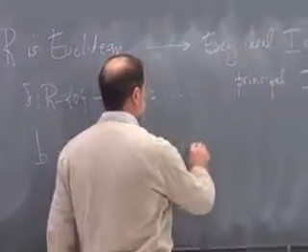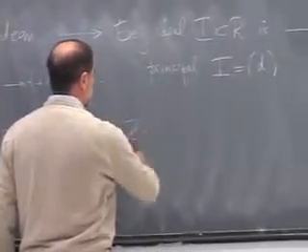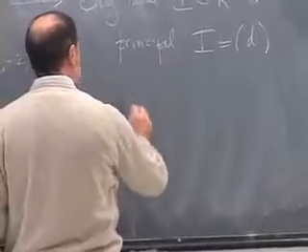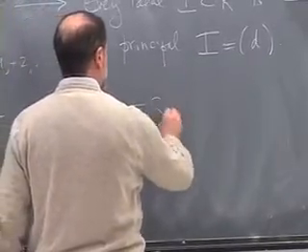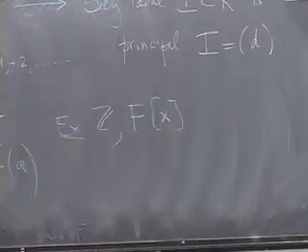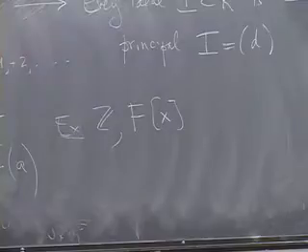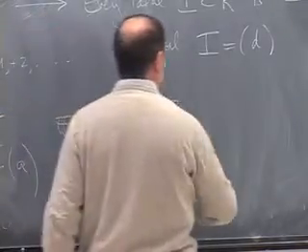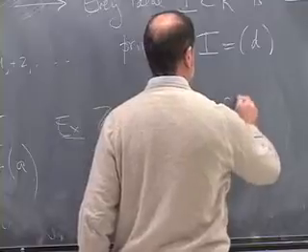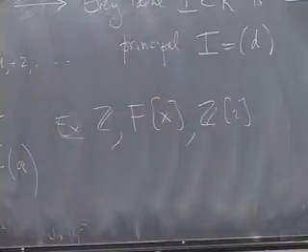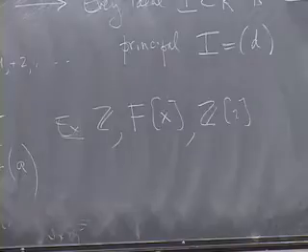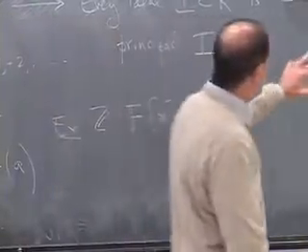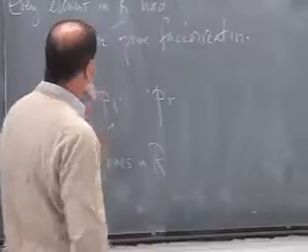So the examples of Euclidean rings, of course, the integers, that's where it started. We showed that polynomials over a field were Euclidean, where this function was the degree of the polynomial. And then we showed at the end that the Gaussian integers were Euclidean, so every ideal is principal, and we had this factorization. Next time, we're going to look more closely at what the primes are in the Gaussian integers.